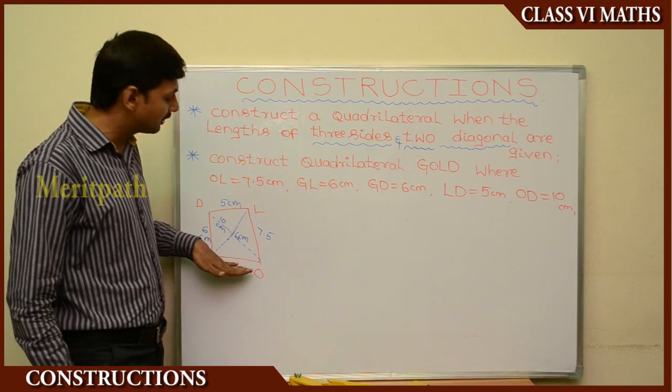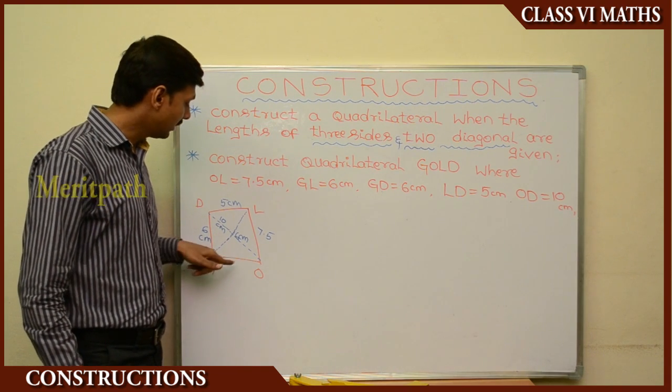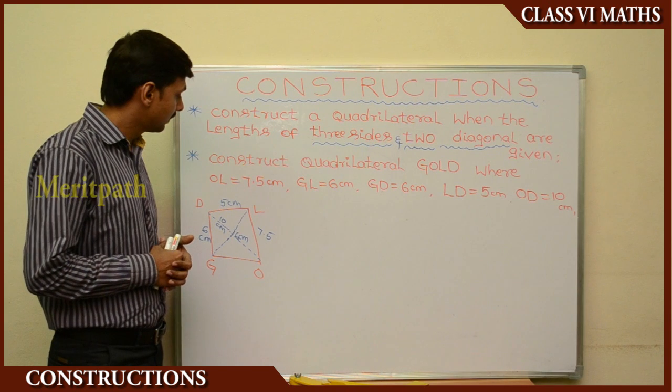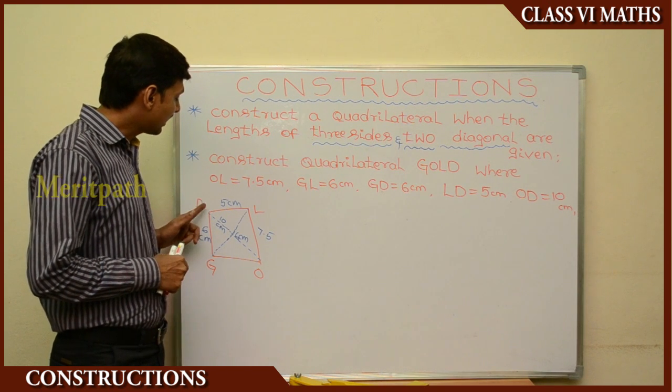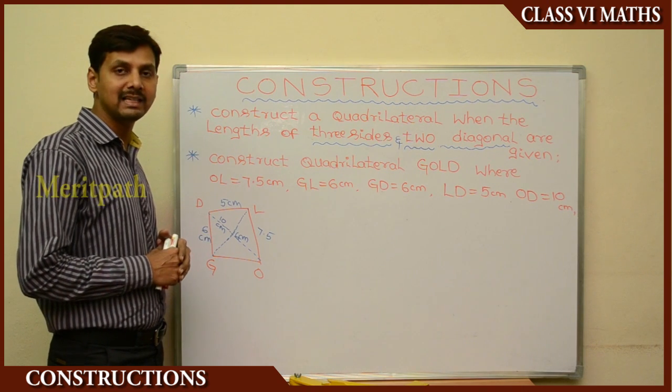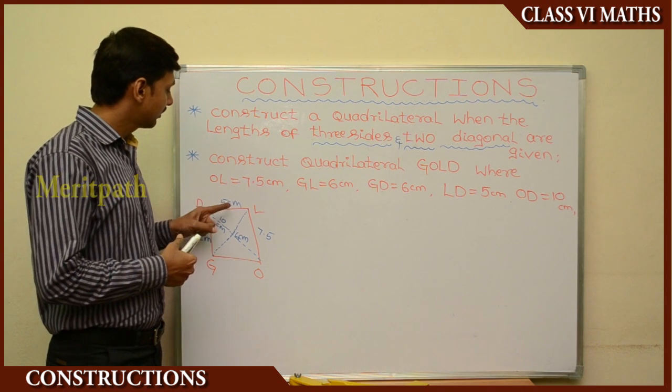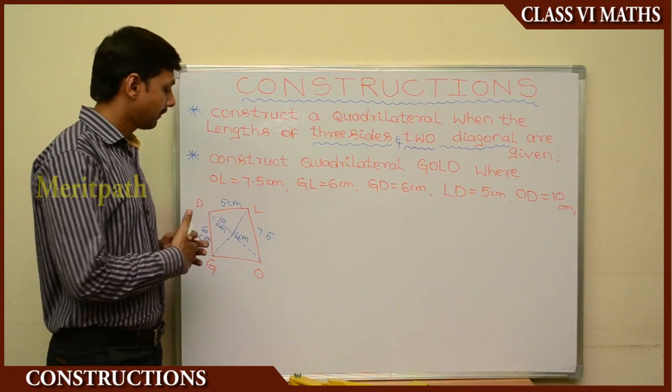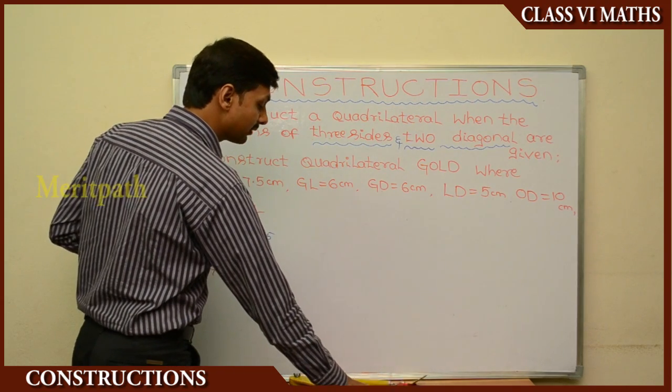So we cannot construct GO first because GO we don't have. So let's start with DL or LD. Starting with this, we'll construct 5 centimeters first.